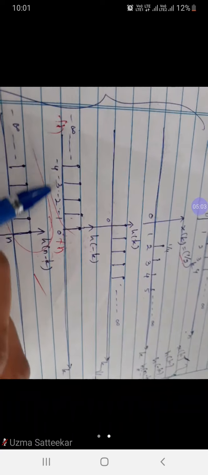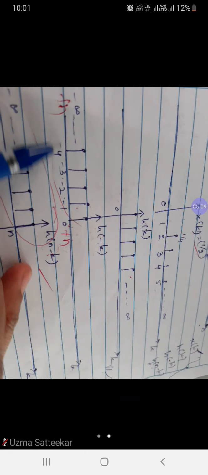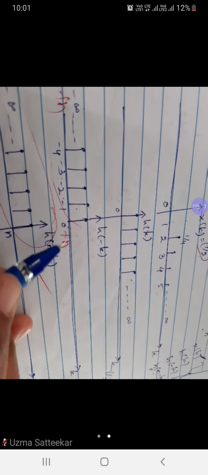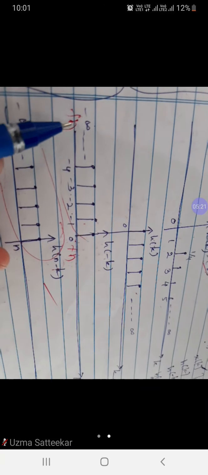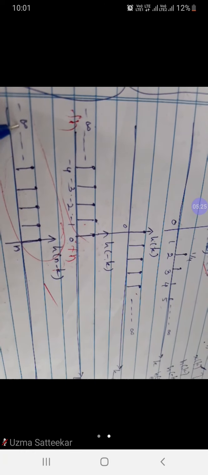Redraw h of minus k one more time, the same signal, and whatever the horizontal axis limits are, just add n to them. Initially the value is at 0, so 0 plus n will become n, and it is minus infinity, just add n, you will get minus infinity itself.